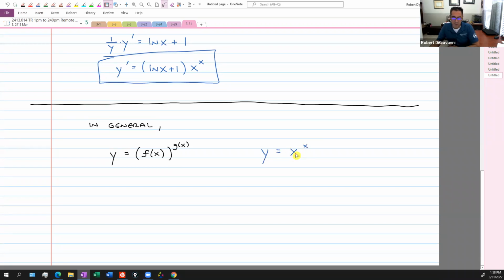The base was just the x function, and the exponent was just the x function. But both of these are functions of x, right? What we do in order to take the derivative of this, to find y prime, is we do the natural log on both sides.